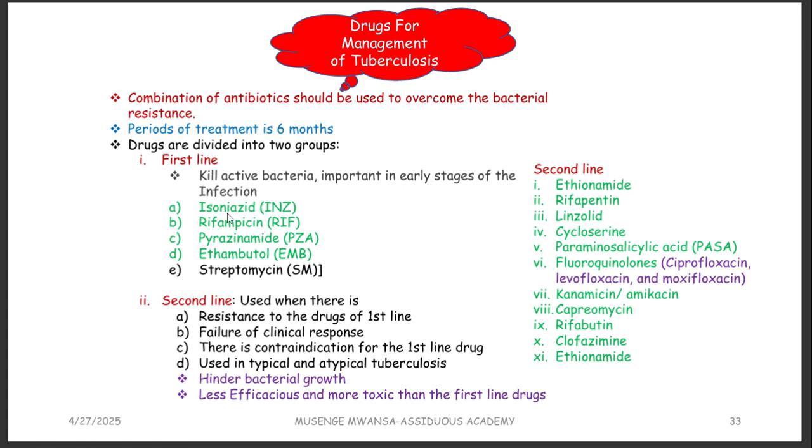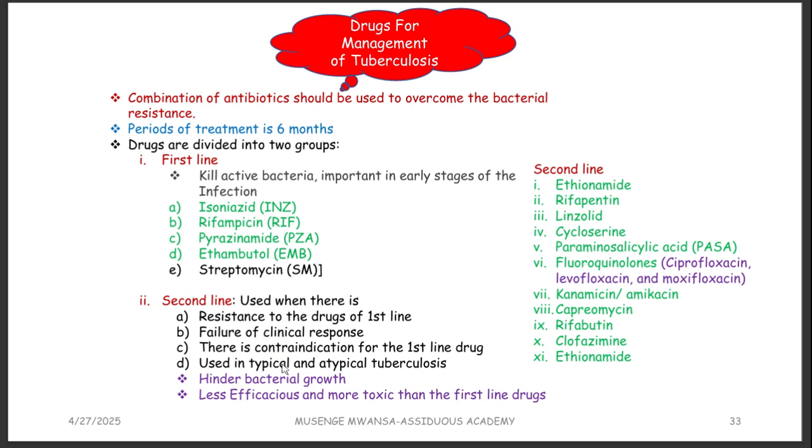You have four main ones: isoniazid, rifampicin, pyrazinamide, and ethambutol. You need to know these four. Streptomycin is also part of them, but it's not commonly used. If they ask you about the first four, the main drugs, it's these four: isoniazid, rifampicin, pyrazinamide, and ethambutol.